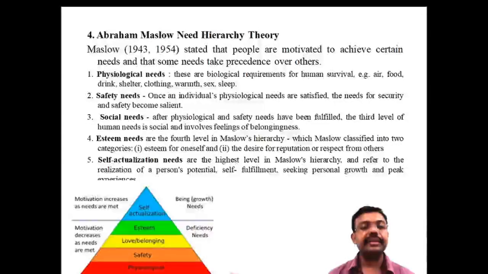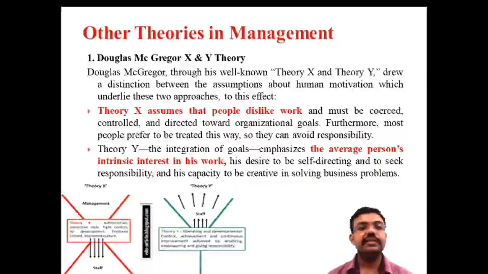Okay, and these are the important parts of the Maslow need hierarchy. These are the other important theories. First we discussed Douglas McGregor's X and Y, the two important factors. X is the negative side and Y is the positive side. X assumes that people dislike the organization. Y assumes the positive, a good relationship within the organization.